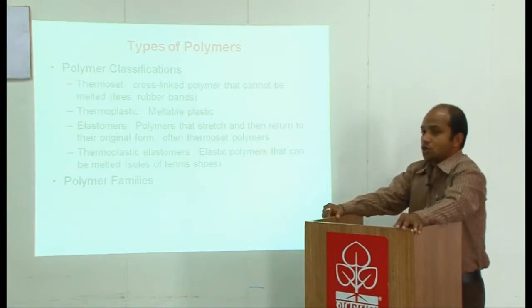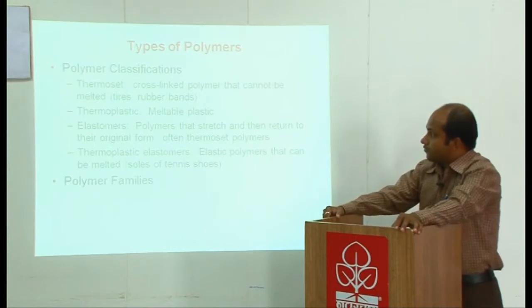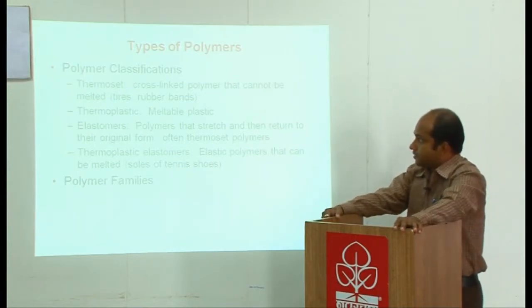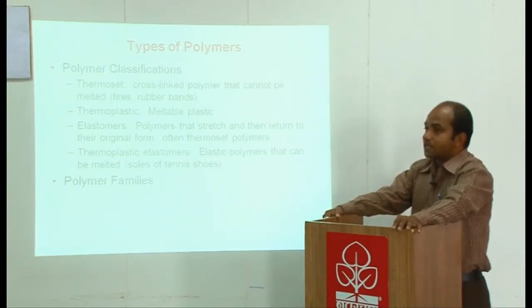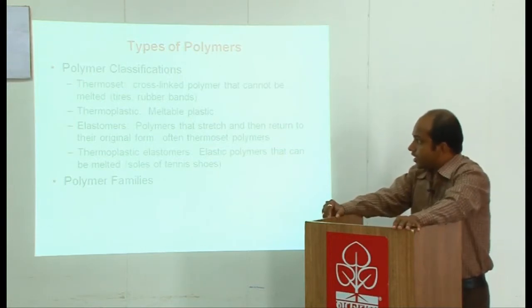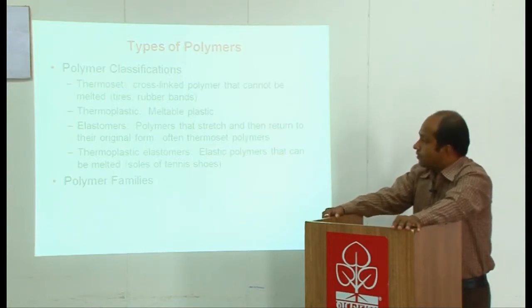A thermoset is a cross-linked polymer which cannot be melted in real sense. So for example, tires, rubber bands, etc. Whereas in case of a thermoplastic, you can mold the polymer just like you melt a compound.